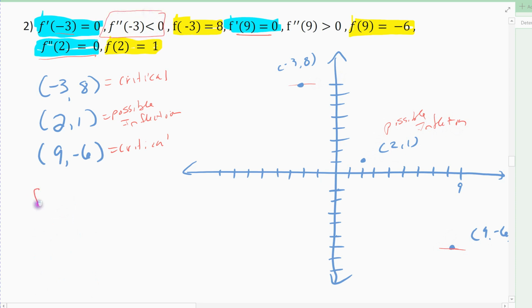Alright, so at x equals negative 3, my second derivative is negative. Which means I tested the value at negative 3, the second derivative is negative, and so that means it should be concave down at x equals negative 3.